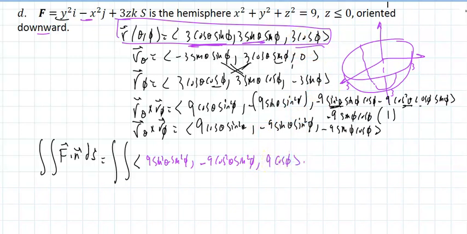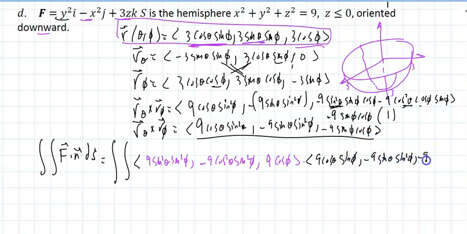Alright, I'm going to dot that with this mess. 9 the cosine of theta. A lot of things will cancel out, you can imagine. Negative 9 the sine of theta sine squared of phi, and negative 9 the sine of theta sine of phi cosine of phi. Now, how does that work?